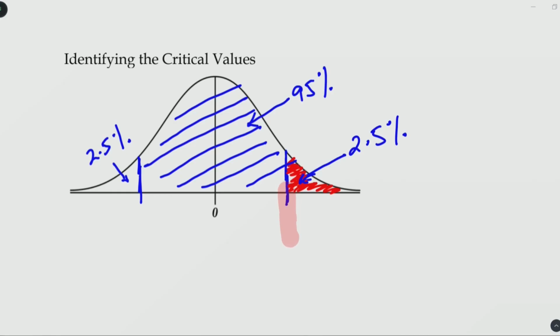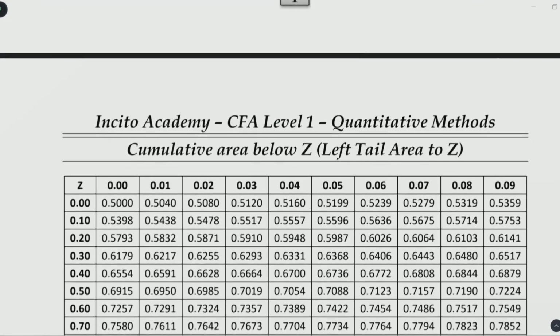We know that whatever area you find on the Z table, it is going to give you the cumulative area right from the left tail till this Z score, correct? Now that area has to be 97.5%. So it is aggregate of this 95% and this 2.5%. Let us find out from the Z table.